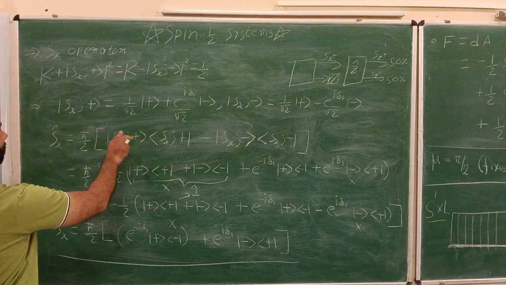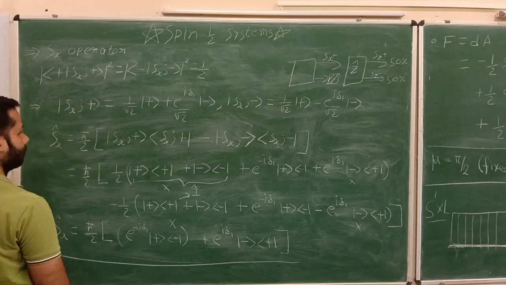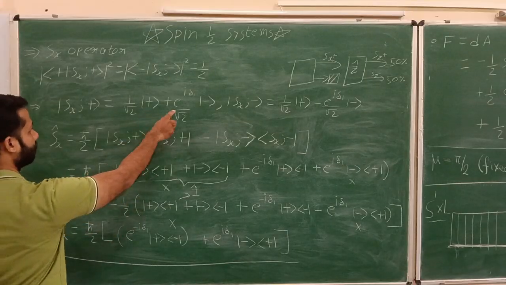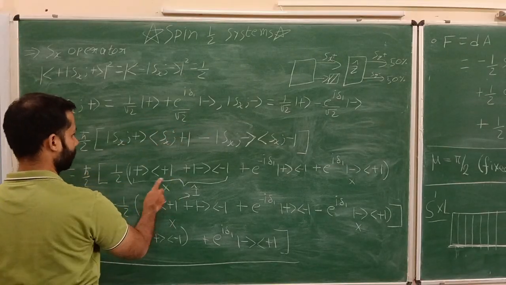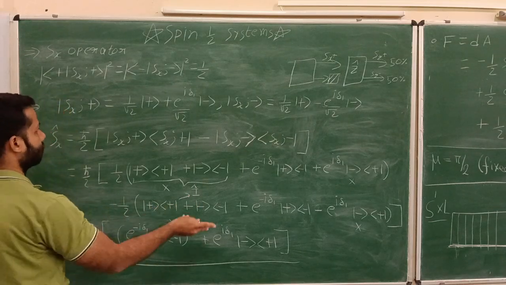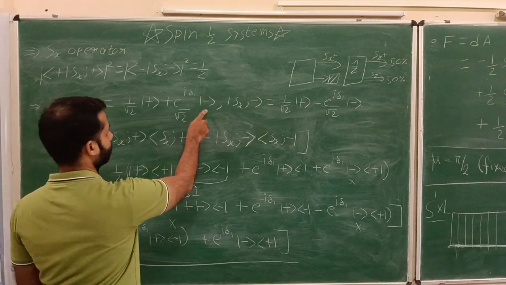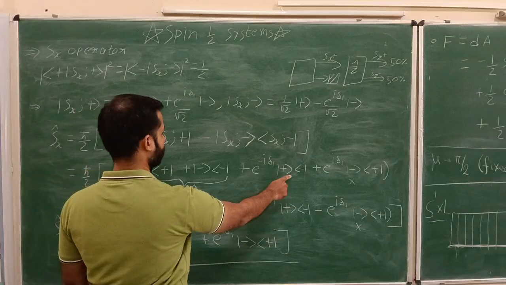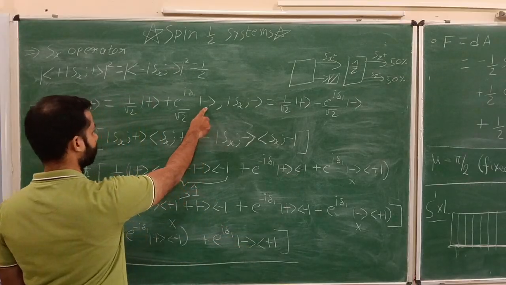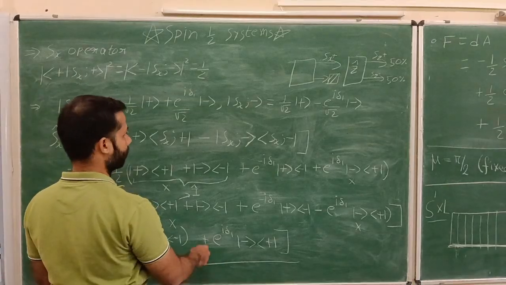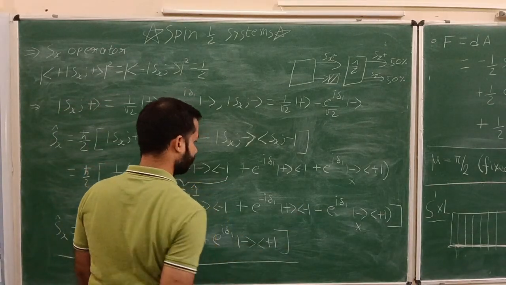Just multiplied here with this term itself. So this gives me this with itself, this with itself, plus and plus. Then there are cross terms, positive, negative. This, this. Then there is this part, this part. Then it gives me the positive part.